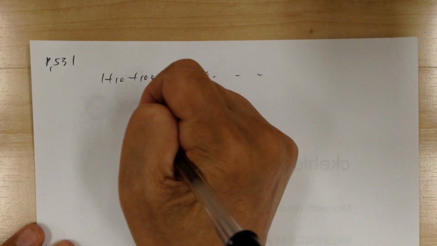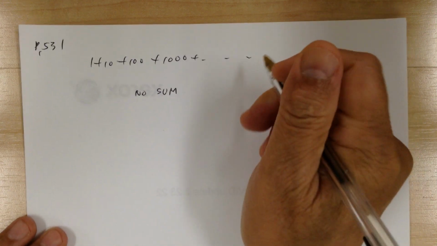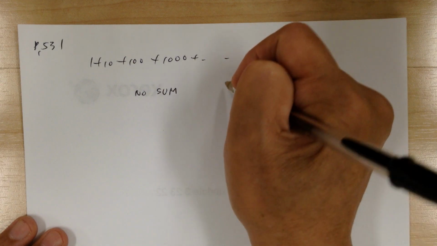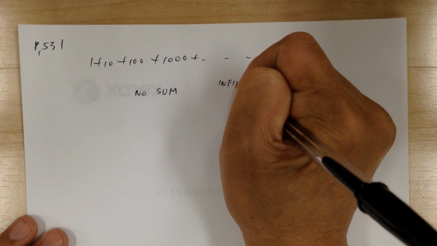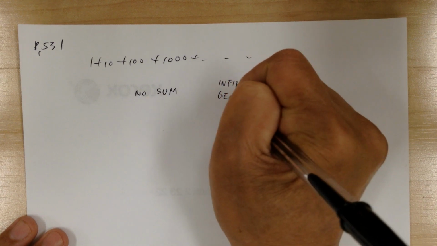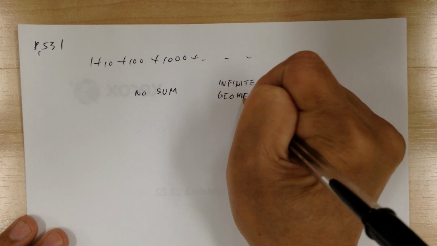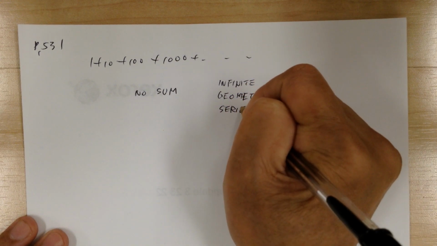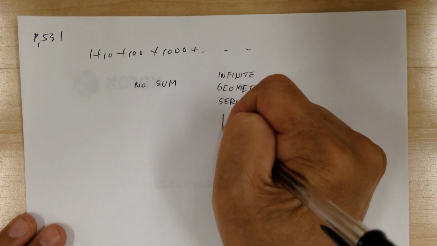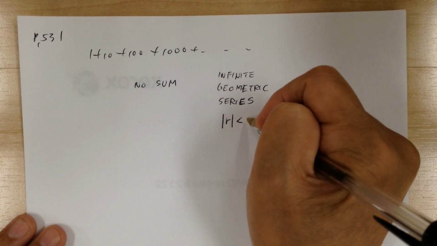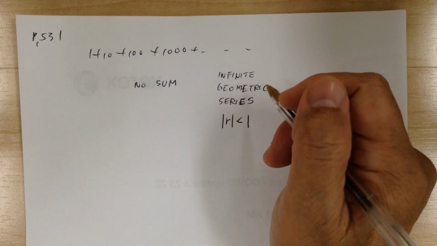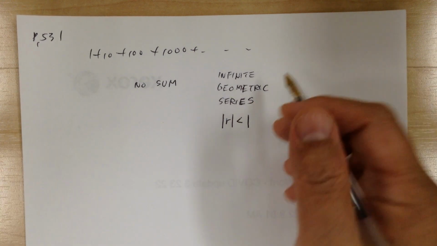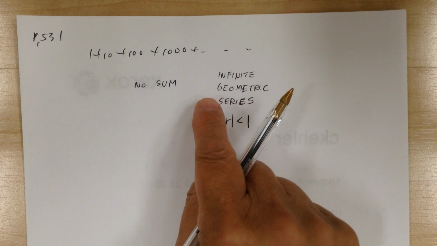In order to have a sum for an infinite geometric series, you need to have the absolute value of r less than 1.